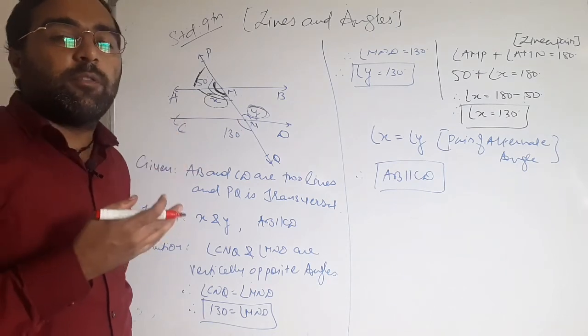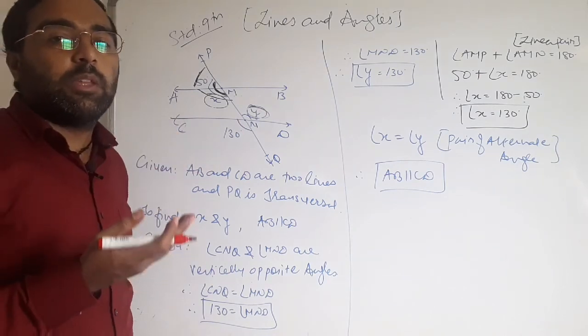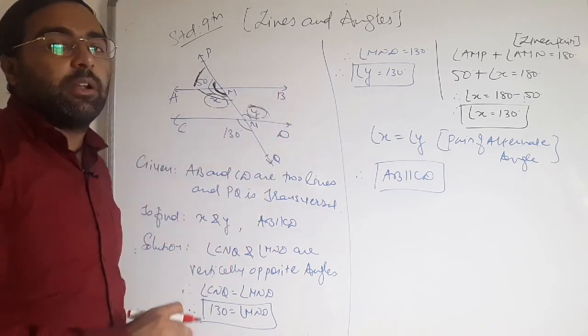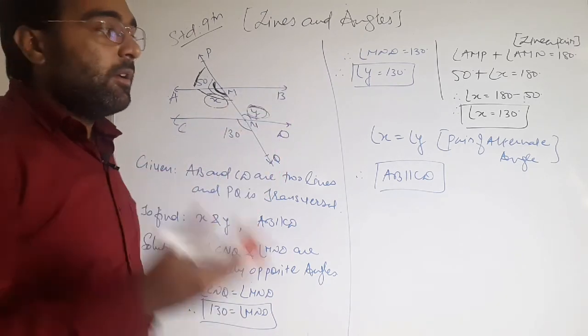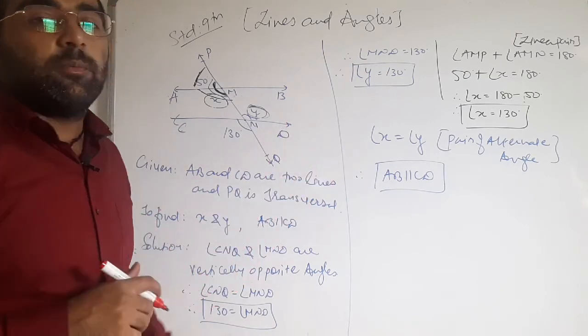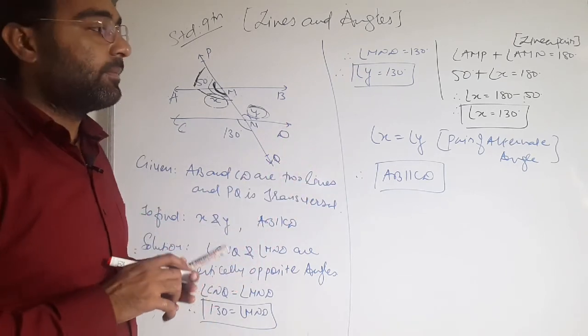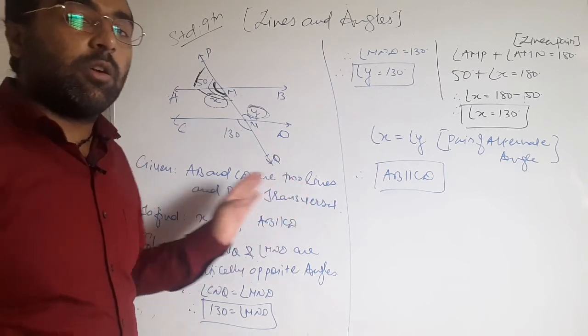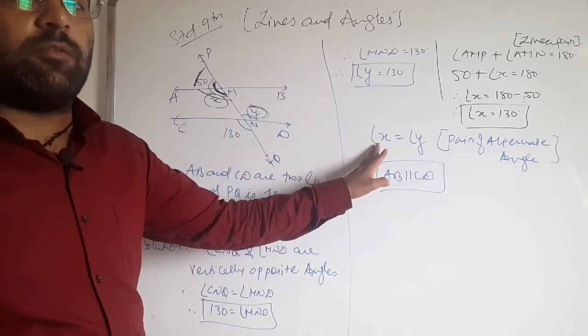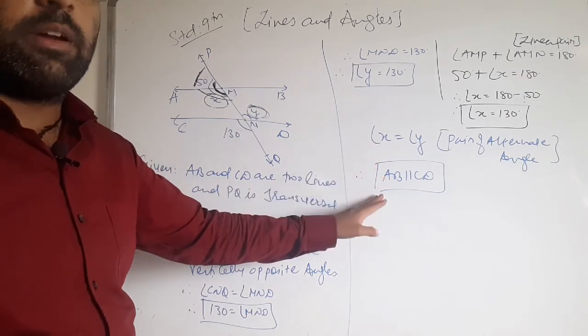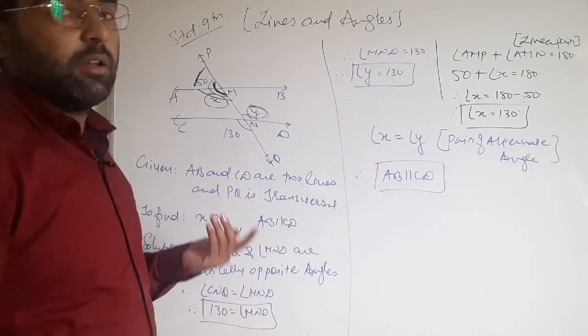Now, a pair of alternate angles is formed if AB and CD are parallel. AB and CD are not given as parallel in the question, but here a pair of alternate angles is formed. That's why we have to write that they are parallel.